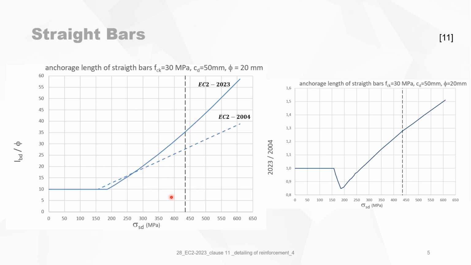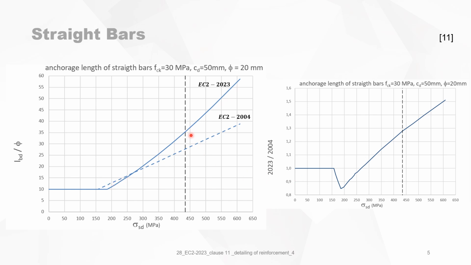But what is interesting is that almost everywhere, the anchorage length for Eurocode 2 version 2023 is bigger than the one for Eurocode 2 version 2004. But for small steel stresses, you will see it's inverse. So for small steel stresses, the anchorage length according to 2023 is smaller than the one according to 2004.